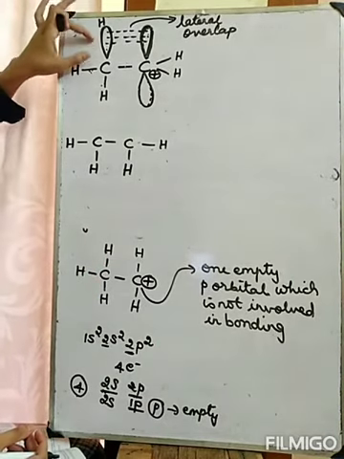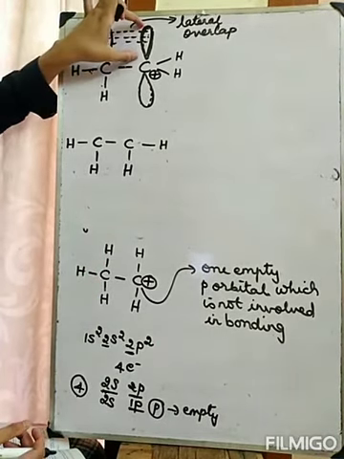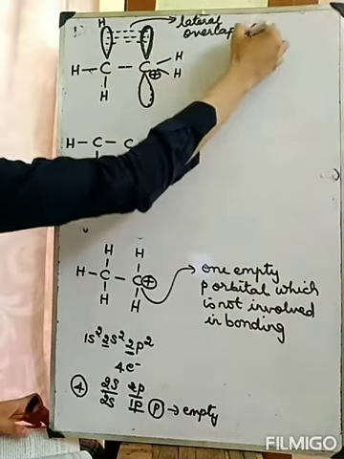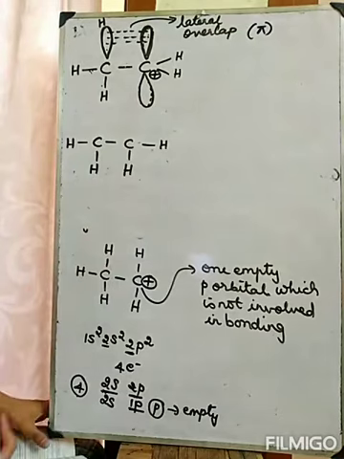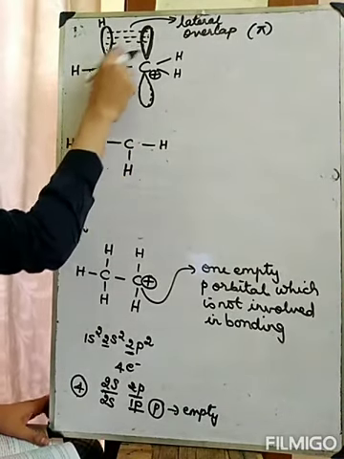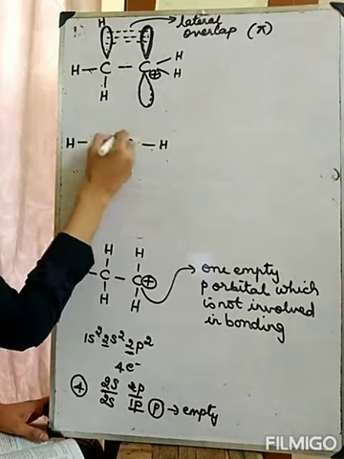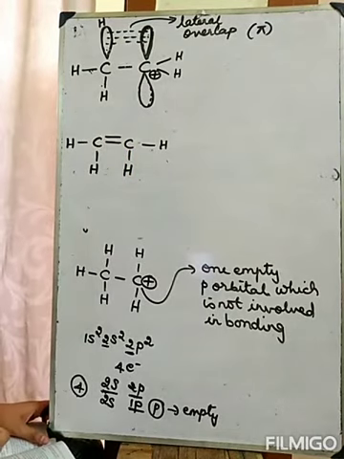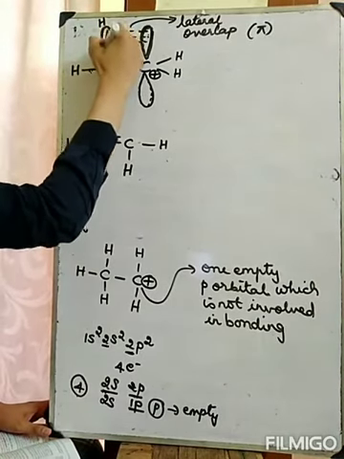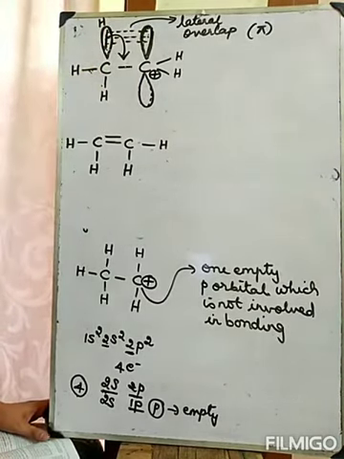This orbital has interacted with this orbital. So lateral overlap means it will form a pi bond. I told you already, one bond is already there. Because of this lateral overlap, I got another bond, a pi bond. So this bond which is present here has come here.